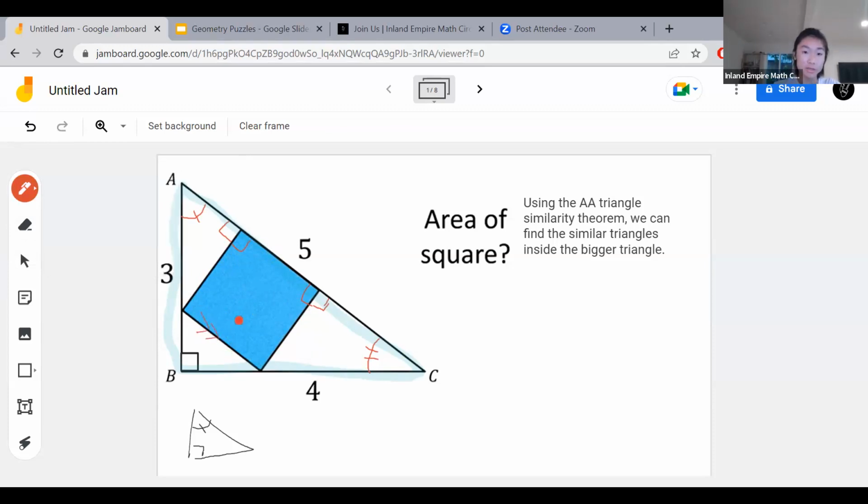We have some parallel lines up here and down here, as well as these sides. So how can that help us out? Again, we're looking for an angle here, either this one or this one, that we can prove is equal to either this one or this one. So we can prove the similarity of that triangle.